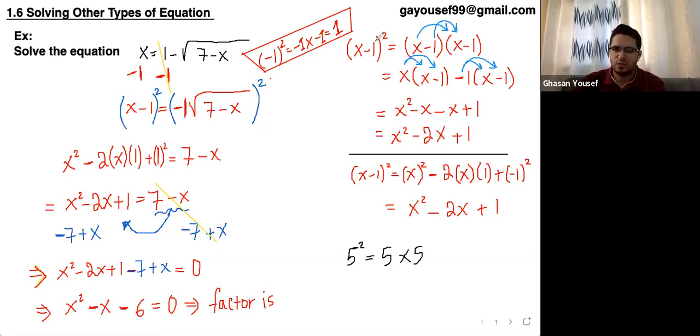So x minus 1 square is the same as x square minus 2x plus 1, and this is what I did here. Okay, Eric? I wrote this to explain the meaning of x minus 1 square and to get this answer.